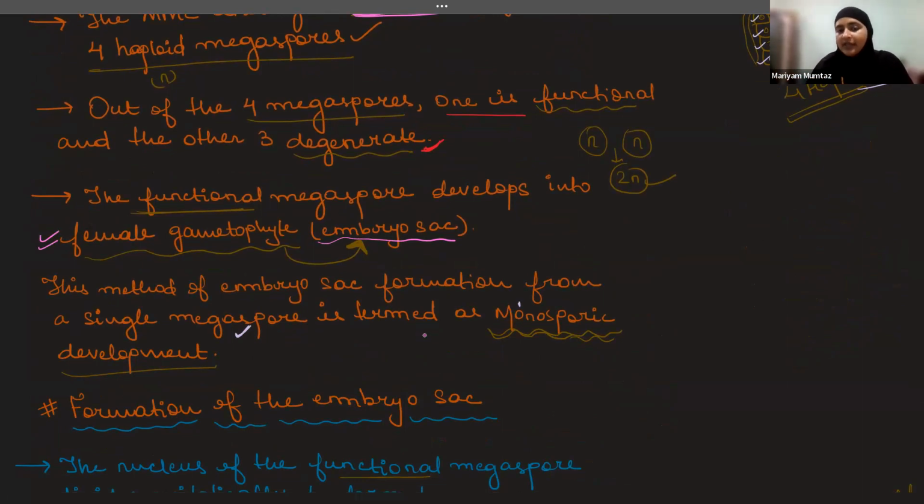This method of embryo sac formation from a single megaspore is termed as monosporic development. So the kind of development in the majority of the angiosperms will be monosporic development because it is happening from one functional megaspore. Mono means one, sporic is referring to the megaspore. Clear? We'll keep it till here only.